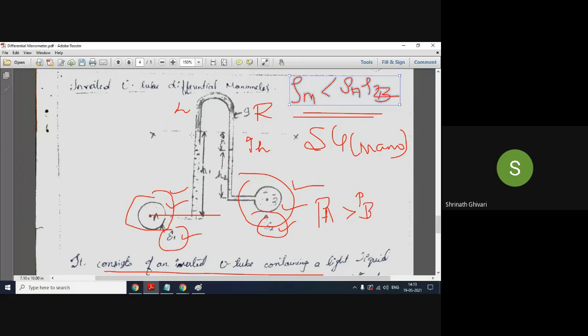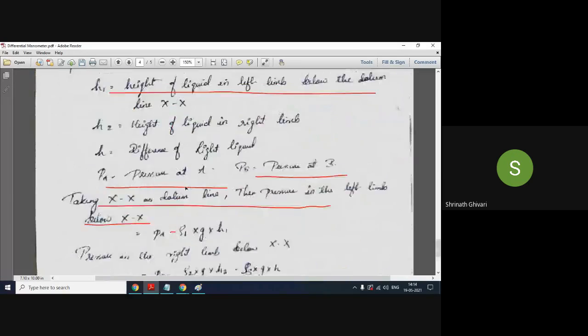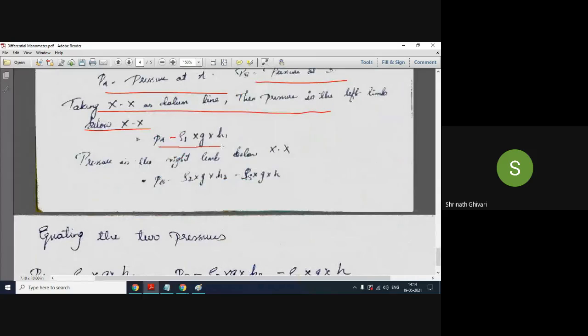With respect to datum XX in the left column, we used to add PA plus something, but here we are going to subtract. PA minus rho 1 g H1.